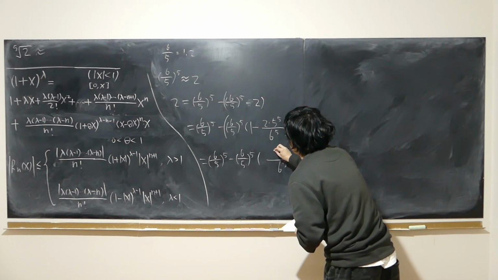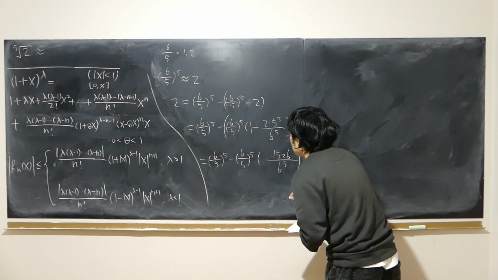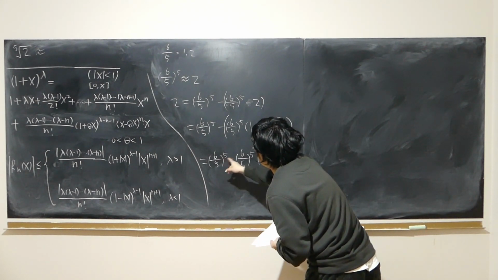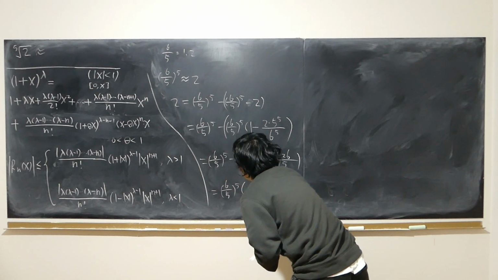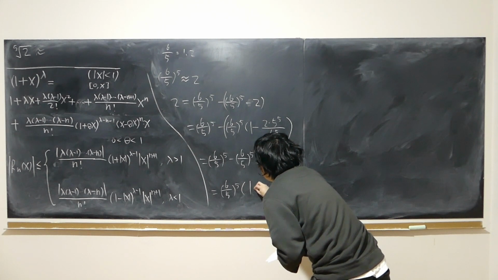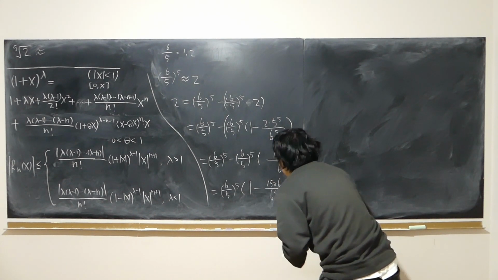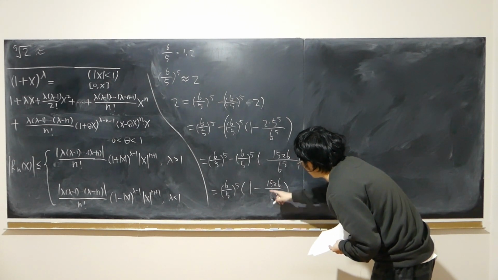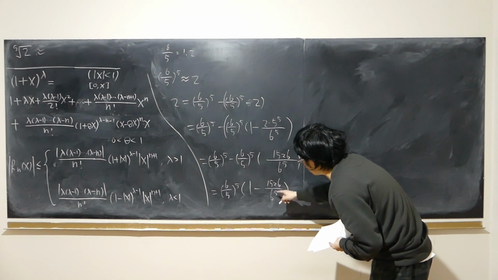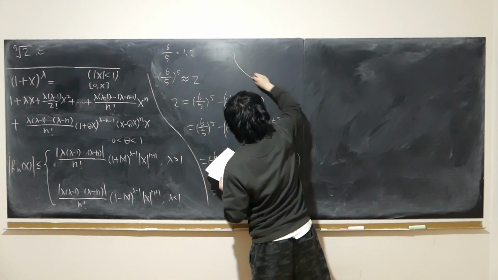Yes, 1526. So again, I can factor out this thing. Right, factor this out. I still have 1 minus this fraction. So again, this fraction is actually also very small, smaller than 0.2. I'll discuss that later.